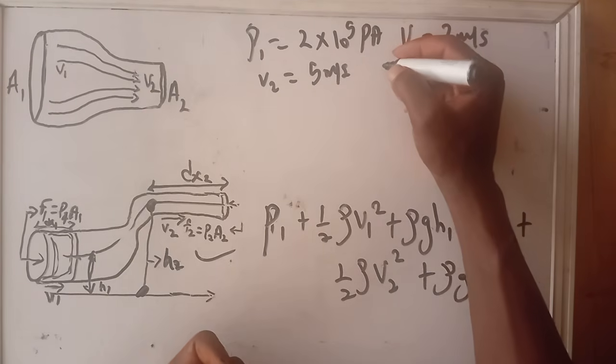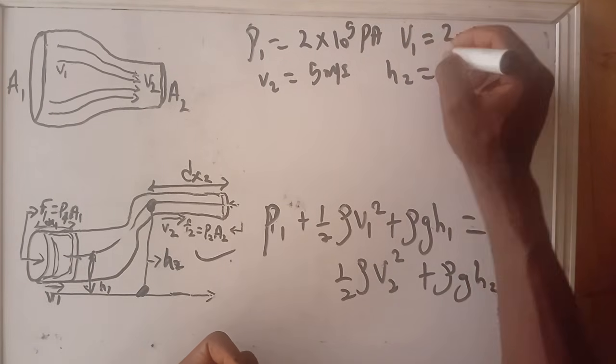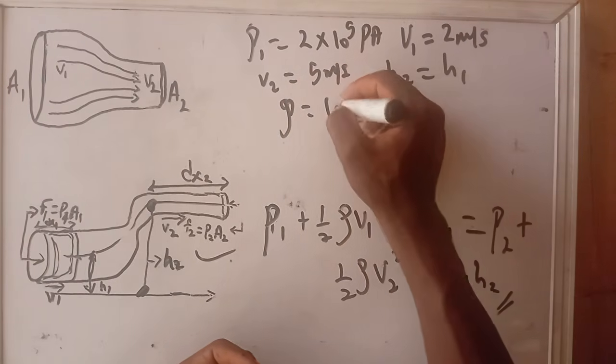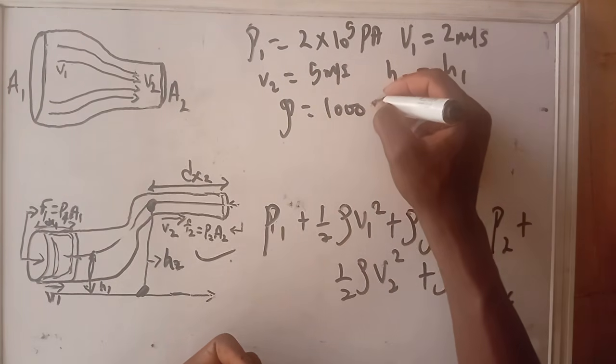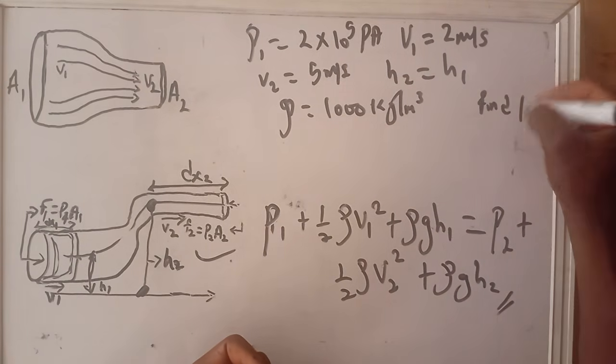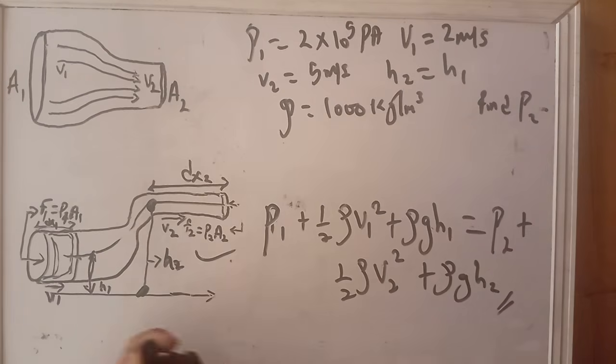Maybe you are given H2 equal to H1, and the density of water equals 1000 kg per meter cube, and you're asked to find P2. Is that clear?